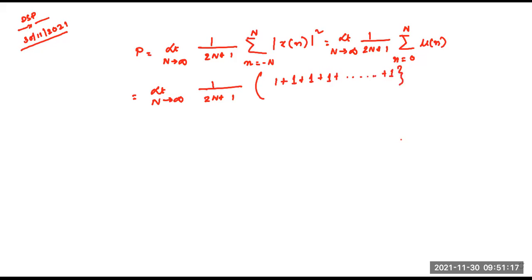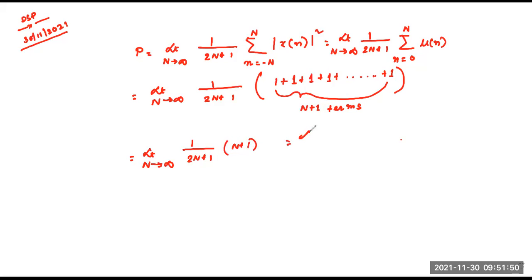In bracket, so how many terms are there? N plus 1 terms are there. So we can write that is equal to limit N tends to infinity 1 by 2N plus 1 into N plus 1.